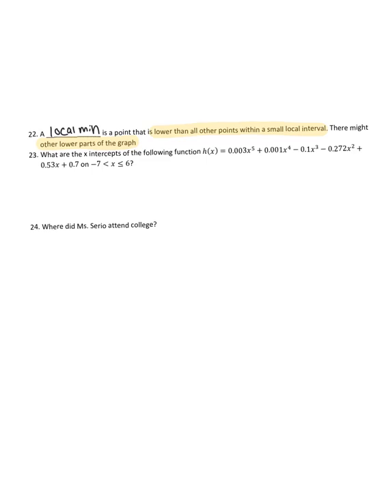Okay, number 23, this is a very calculator-based question. So on your calculator, you're going to graph this entire thing here without that domain restriction. So I'm going to say graph in calc. And then after you graph it, you're going to click menu.